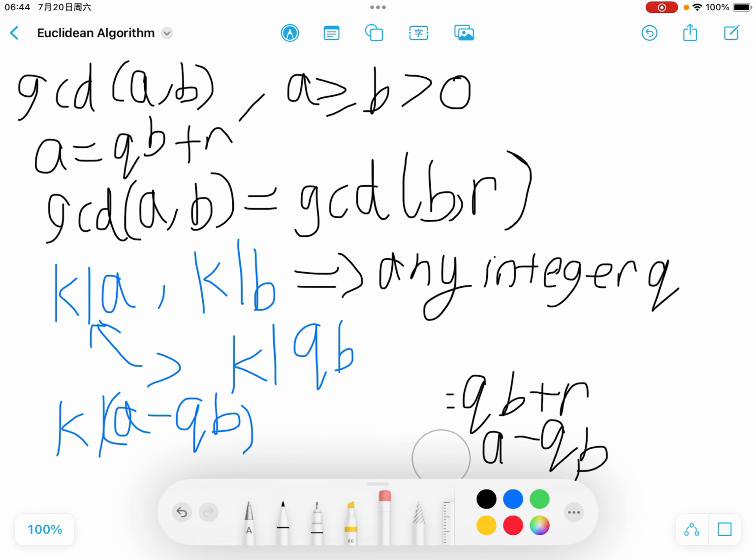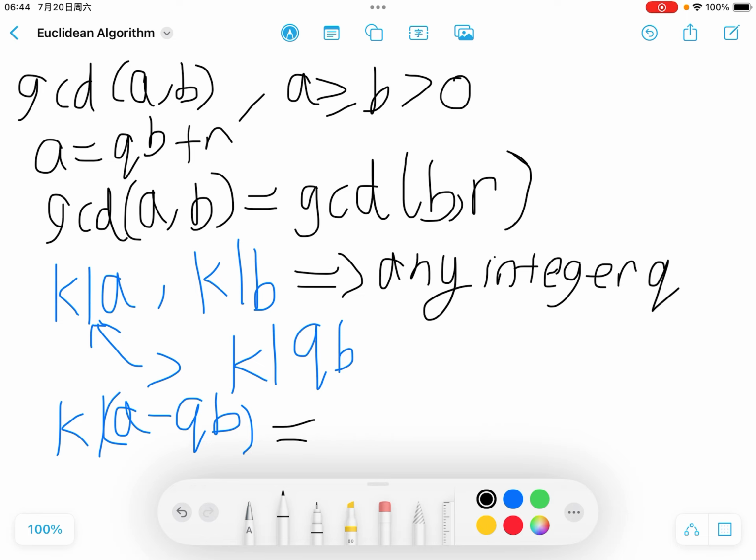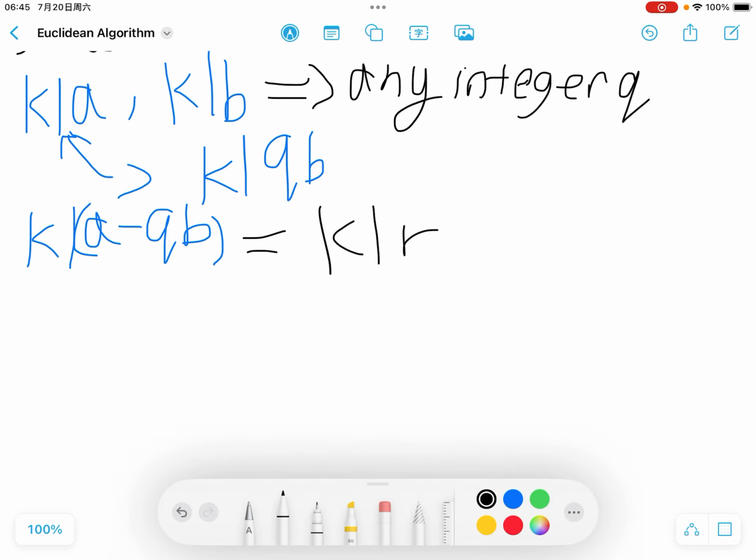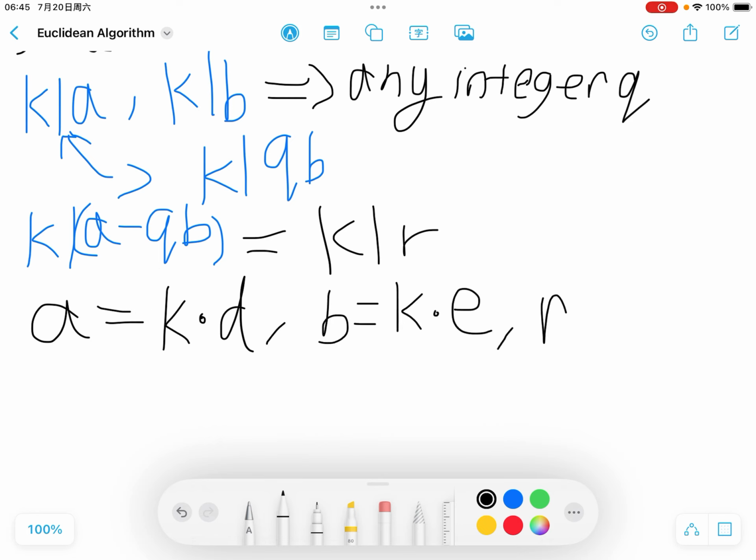So basically A minus QB is divisible by K, which means R is divisible by K. Since R is divisible by K, and also the fact that both A and QB are divisible by K, we can let A equals K times D, B equals K times E, and R equals K times F. Since they're all divisible by K, there are factors of K inside the integers.